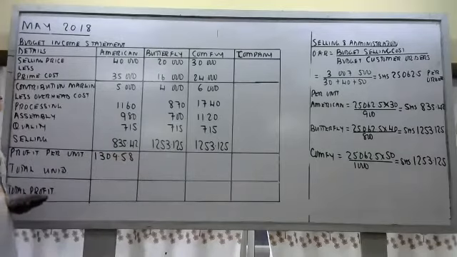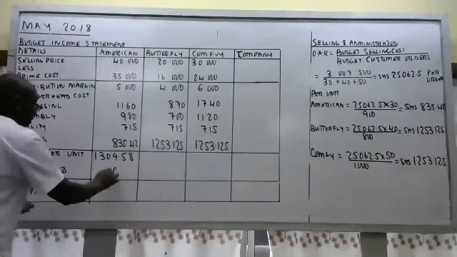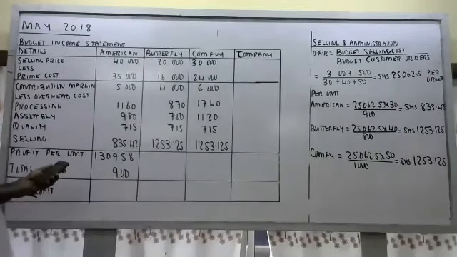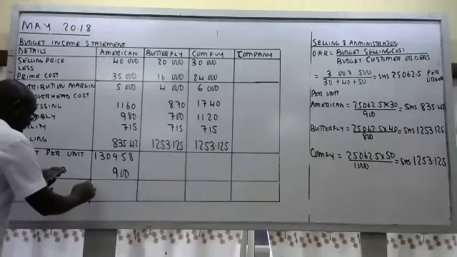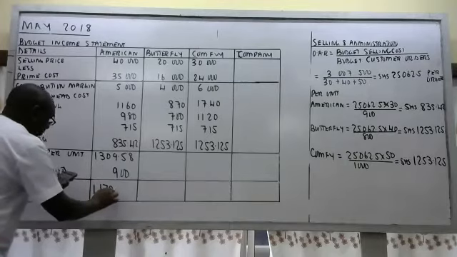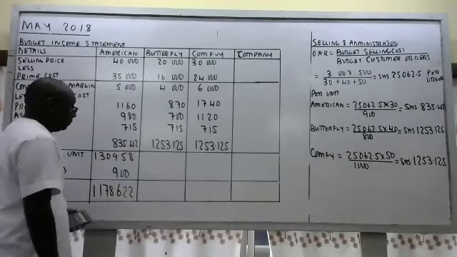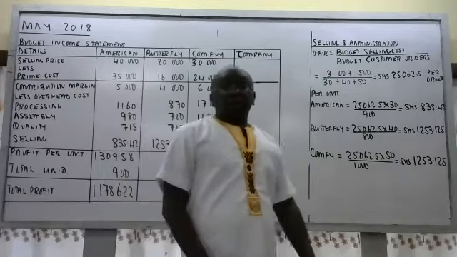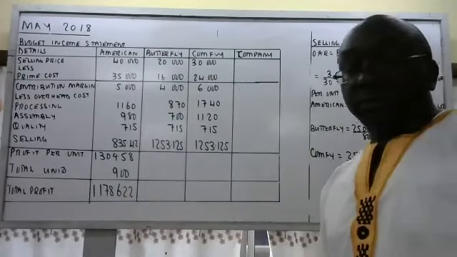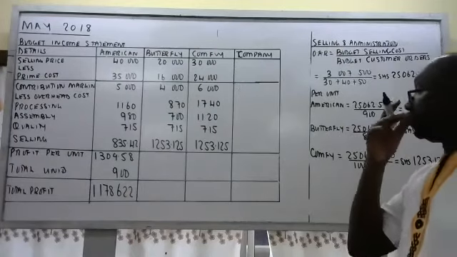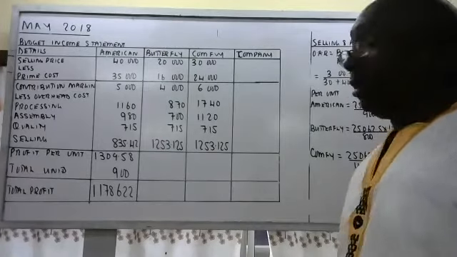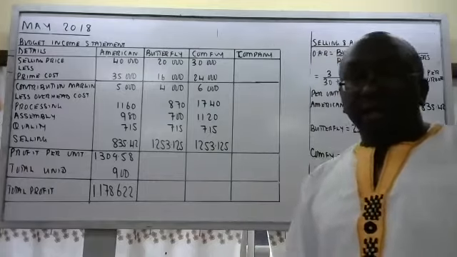Before you move out of that, bring the units of American, they're 900, so multiply by 900 and check whether you record 1,178,622. Is that so? Yeah, good.